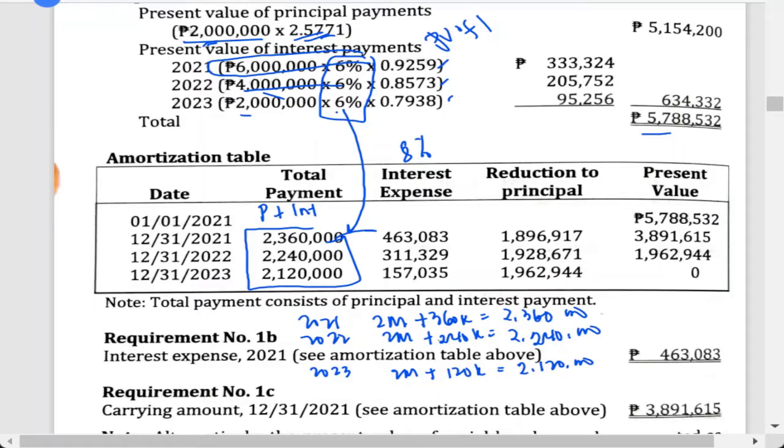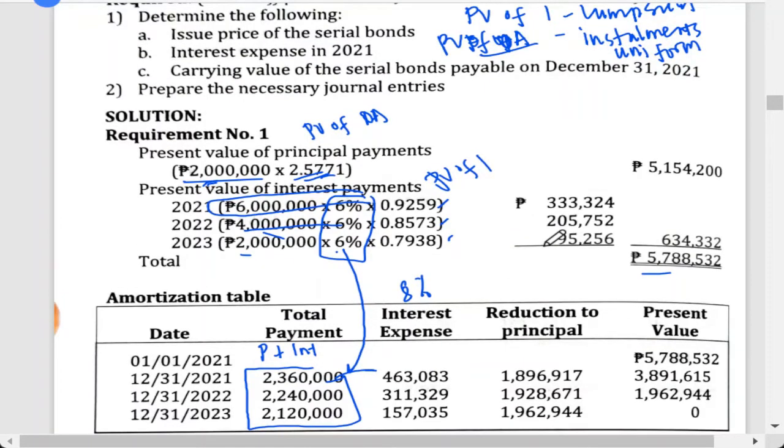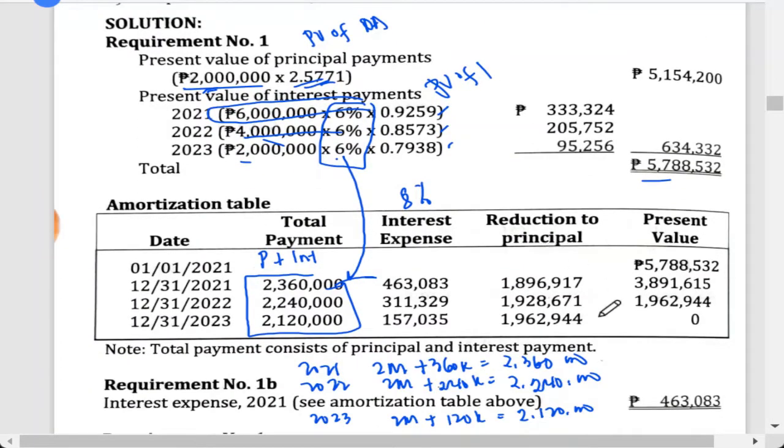Okay. So that would be the adjustment to your principal. Okay. So you have 3,891,615.